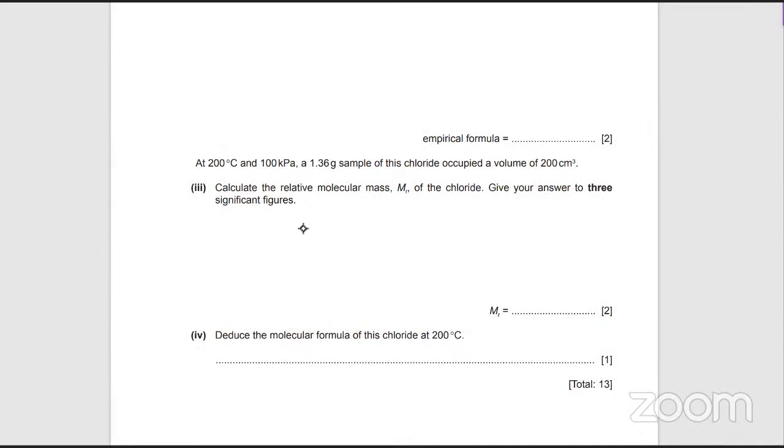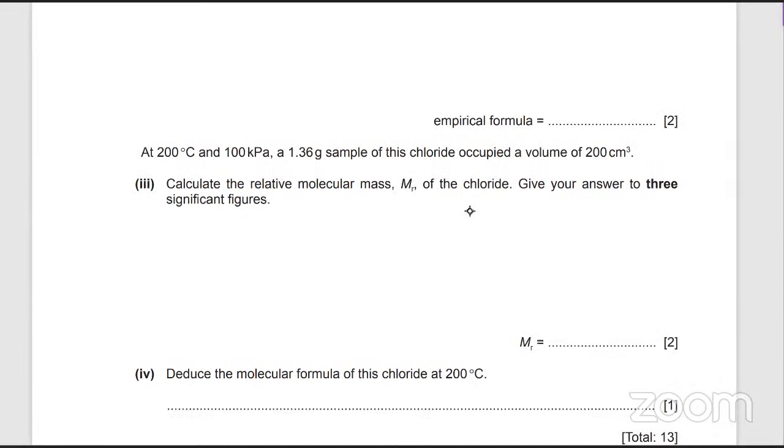This is PV = nRT. ठीक है. Calculate the Mr of the chloride. So you're given a bunch of information about this thing, and you can find the Mr. अच्छा, Mr निकालनी है. So all you have to do is PV is equal to nRT.